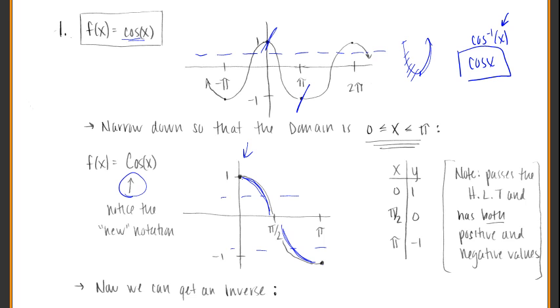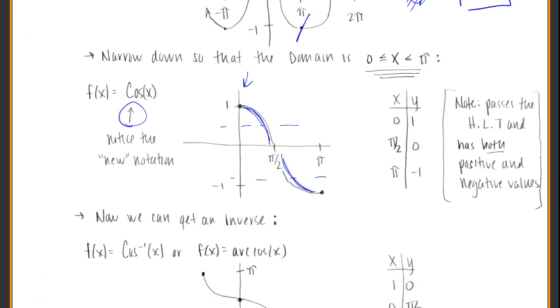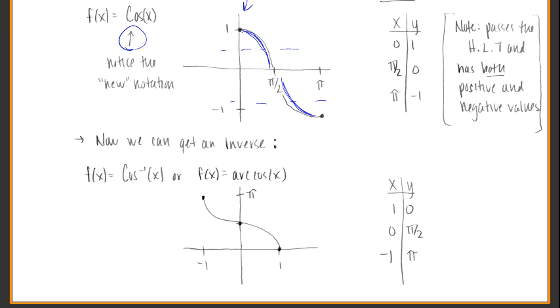Now that we have that, we can actually get the inverse. And like normal, to get the inverse, all we have to do is swap those x and y values around. So the x values right here are now my y values there, and my y values are now my x values. Then when you graph these coordinates over on this graph, you get your inverse function.